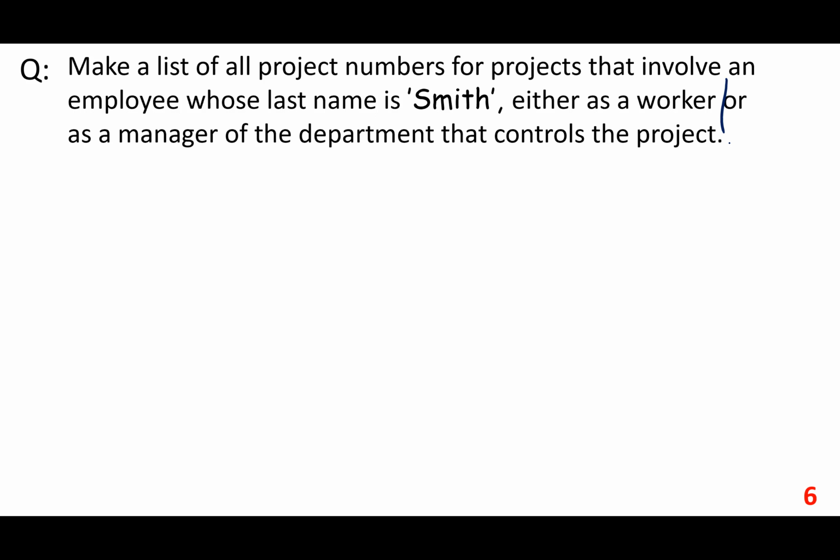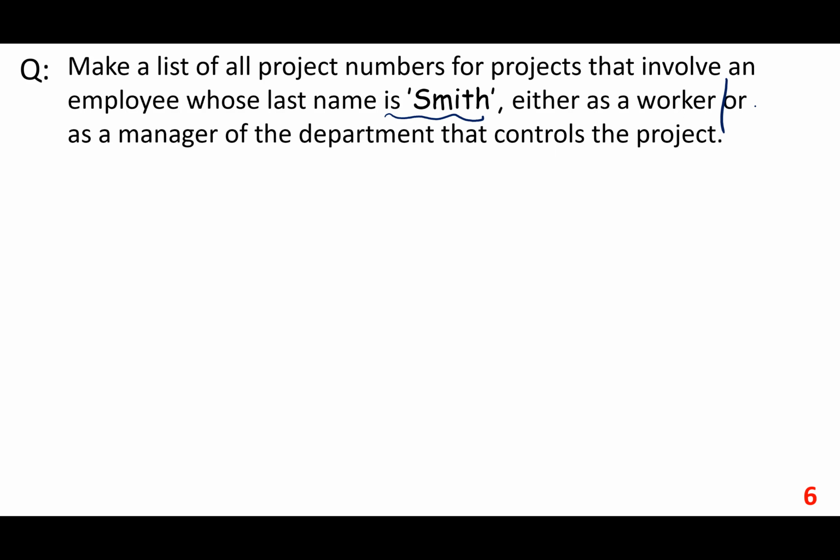The first part is not too hard, but you need to specify two roles for that employee, the worker role and the manager role. Worker role is the first part, manager role is the second part.